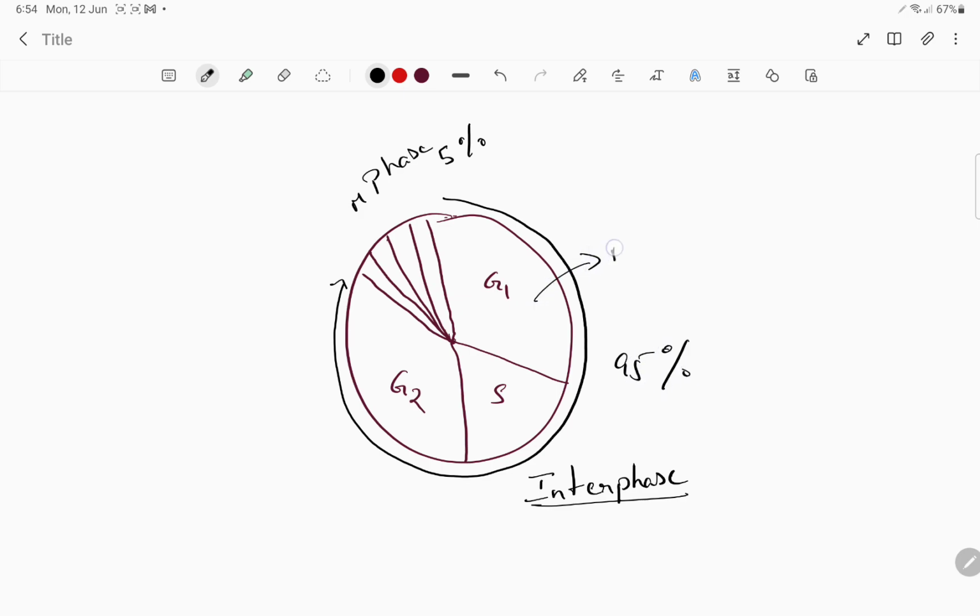And G1 is the major. And we call prophase, metaphase, anaphase, telophase, and we forgot one thing, sorry. We have the cytokinesis. So M phase consists of karyokinesis and cytokinesis. And prophase, metaphase, anaphase, telophase is the karyokinesis.